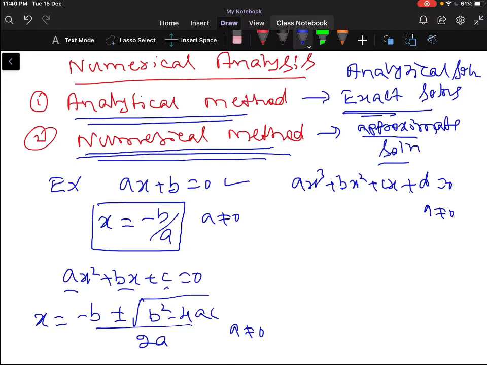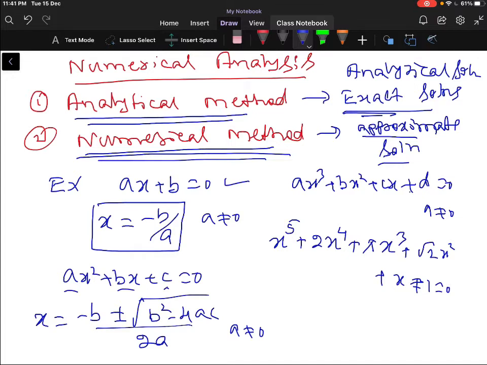Suppose I consider an equation of degree 5, for example, x to the power of 5 plus 2 x to the power of 4 plus pi into x cube plus square root of 2 into x square plus x plus 1 is equal to 0.